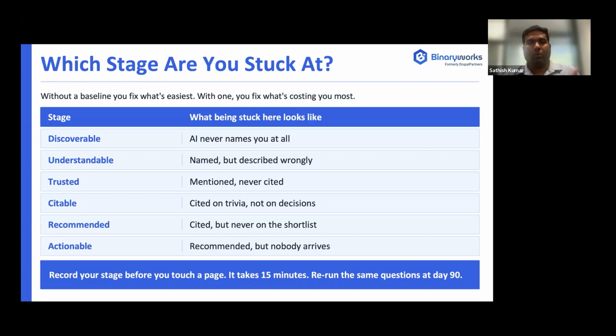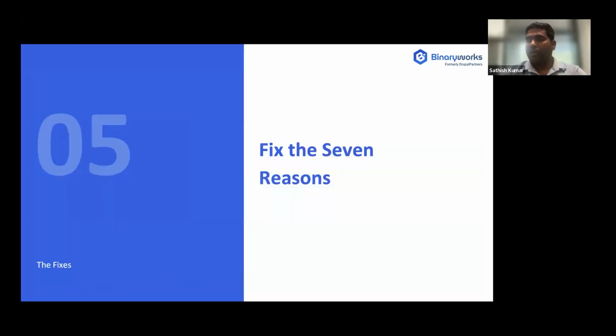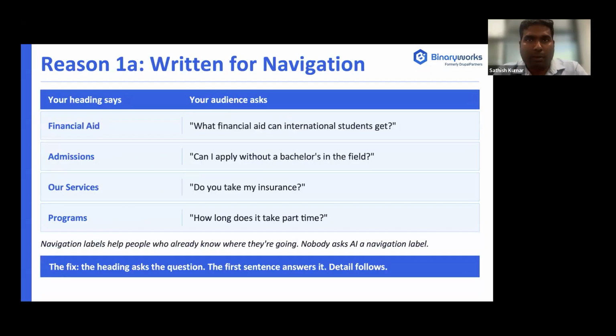That's how they split the questions and get a response, see whether the responses are trustable, do one more query fan out, and finally show the response. So if you are able to analyze what stage you are at, it is easy to fix those kinds of issues. Let's see some of the fixes for the reasons we talked about.